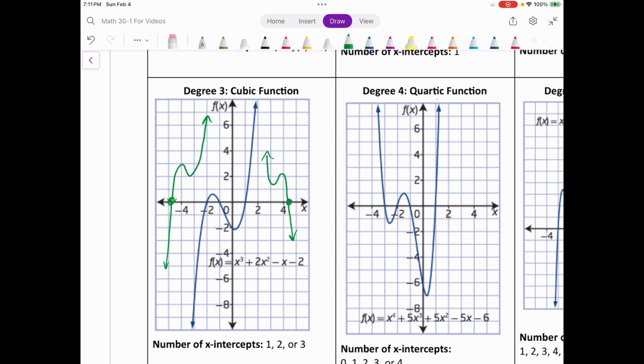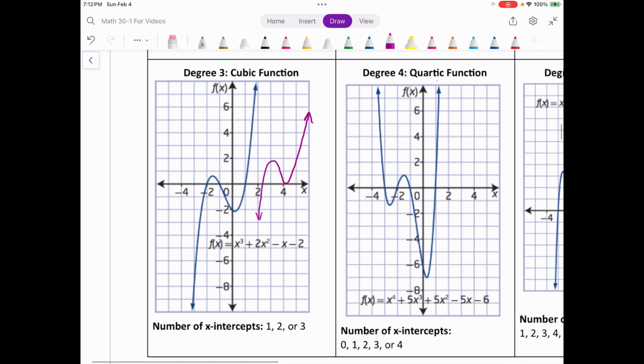1 x-intercept, 1 x-intercept. But they could also have 2 x-intercepts. That might look something like, 1, and then maybe they just touch, and then they turn around and change direction again. We'll see stuff like that as we go. We're not going too deep into it, just introducing the different things we can see, okay?